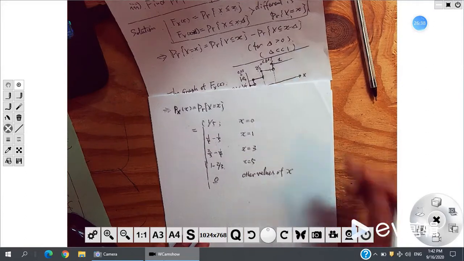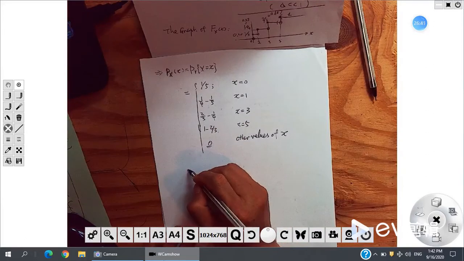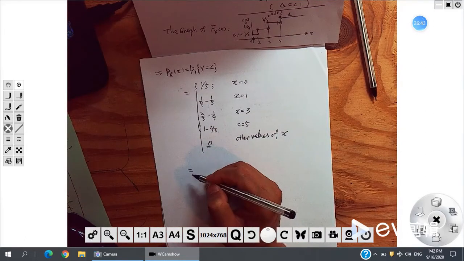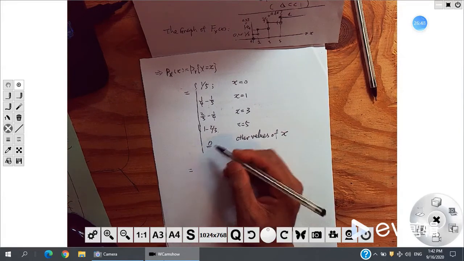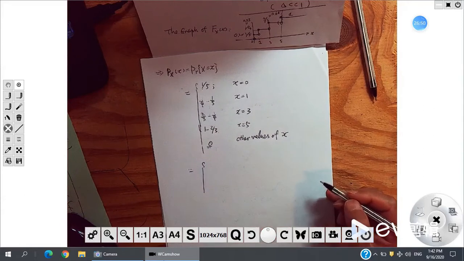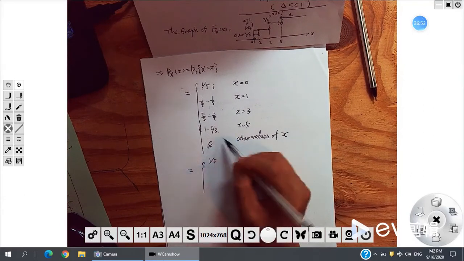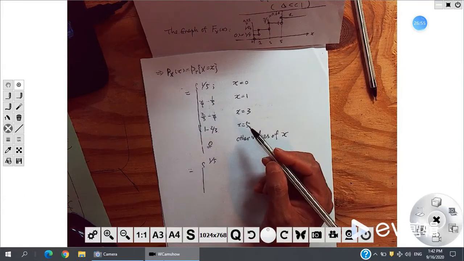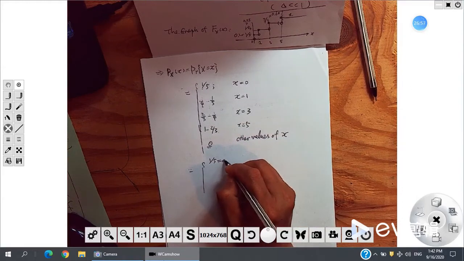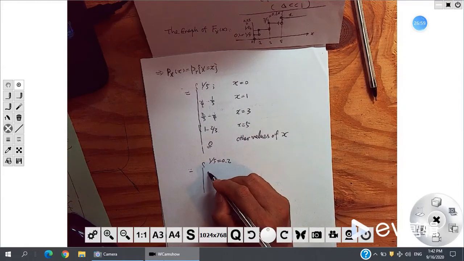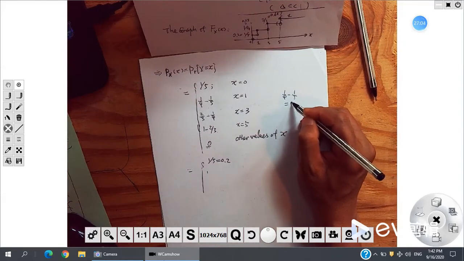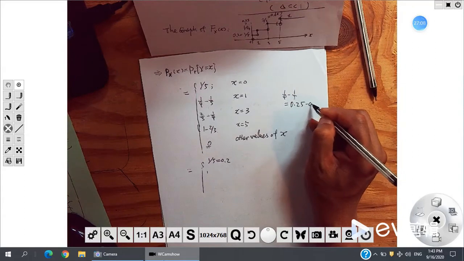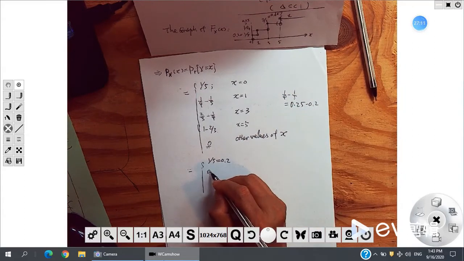All right, then let me rewrite it. This is 1/5, I write this as 0.2, and this is 1/4. This minus 1/5 equals 0.25 minus 0.2, which is 0.05, right?